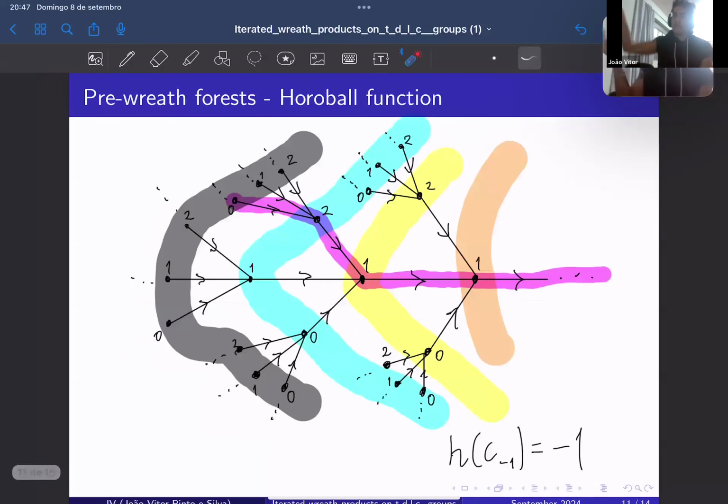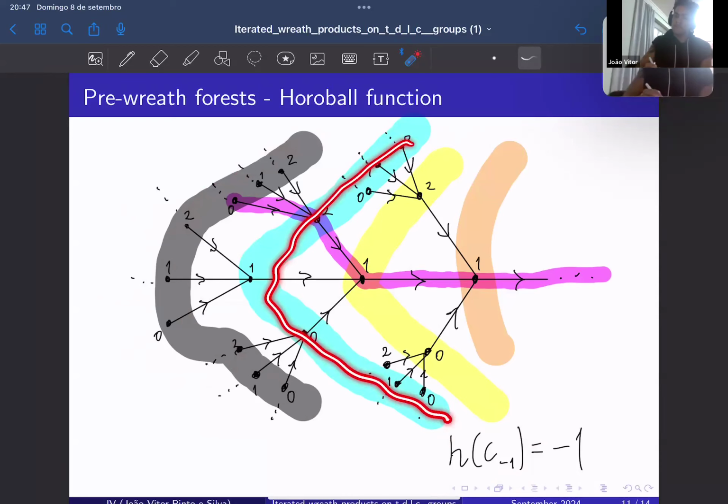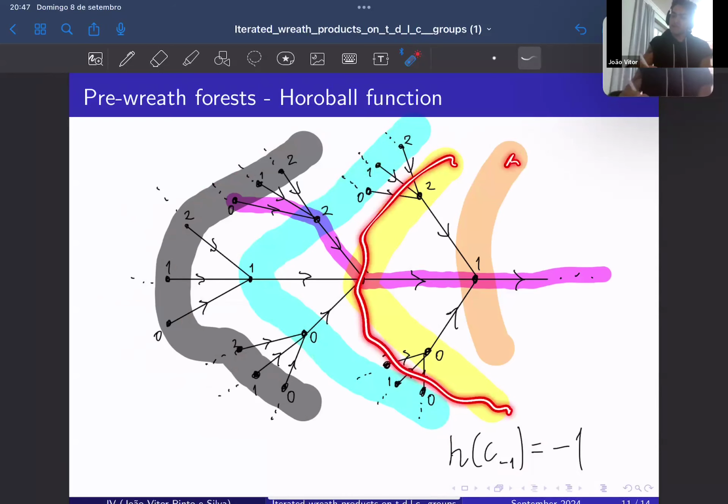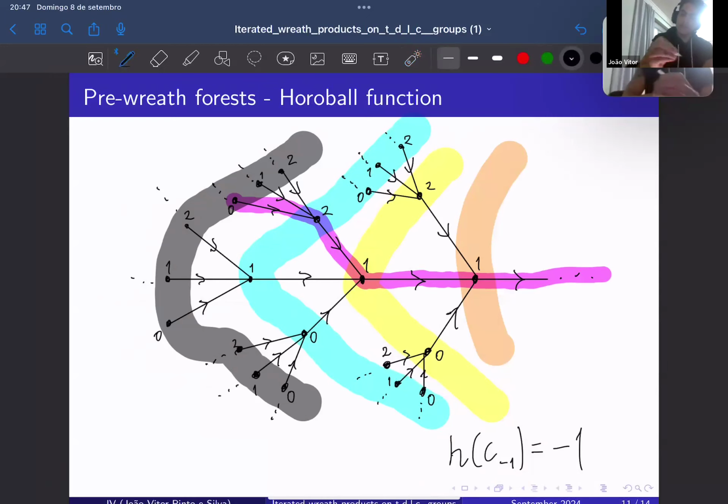And I also have a horizontal function, which will tell me how far or how close I am. The function already gives me naturally the horizontal function: here I'm on the level minus 1, here on the level 0, on the level 1, on the level 2, and so on. For the function here, it's written wrong. It should be the same function that I had before, v minus 1. So the horizontal in this case would be just minus 1 because it's the level where the function began.